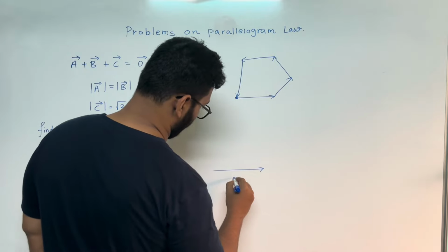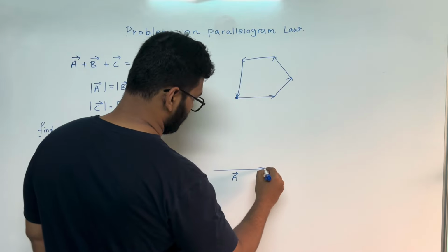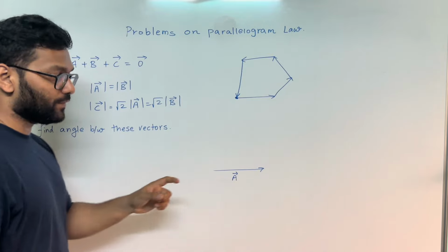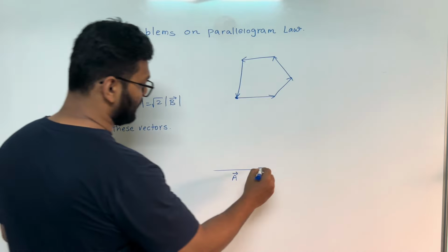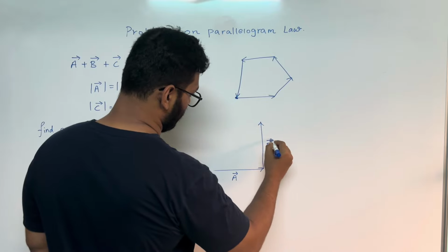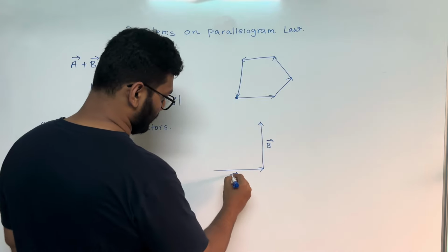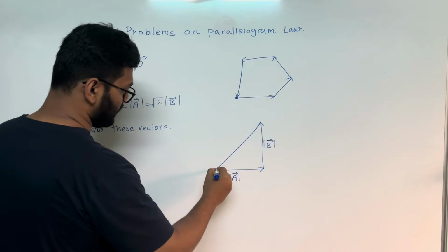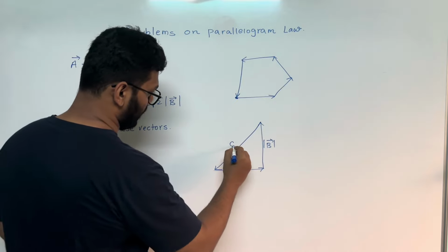So if this is your a bar vector, now see, one thing I can observe: a bar and b bar are equal and c bar is root 2 times a bar. That can only happen if the angle between a bar and b bar is 90 degrees. So suppose a bar and b bar are like this, both having the same magnitude, and the third vector is somewhat like this, c bar.